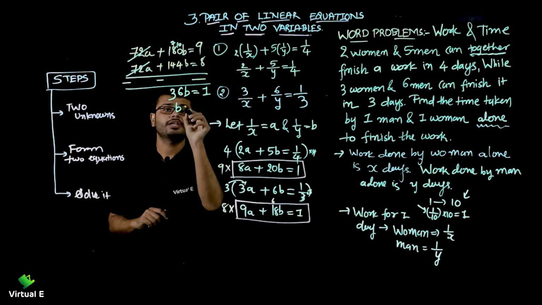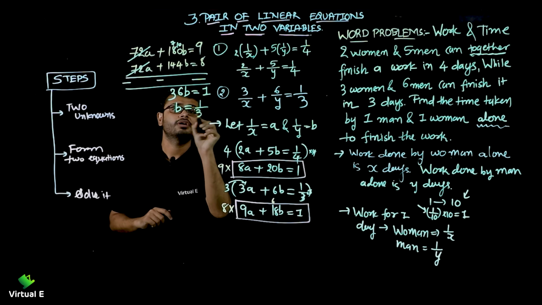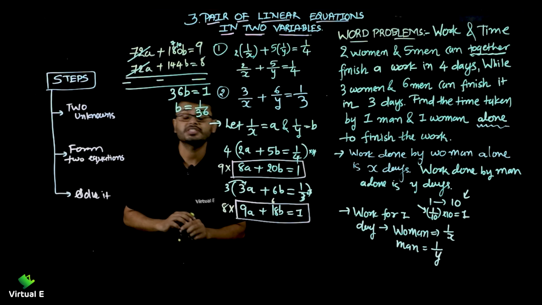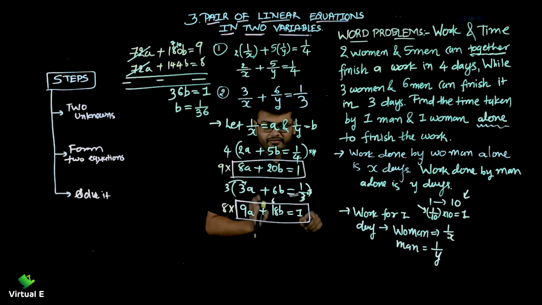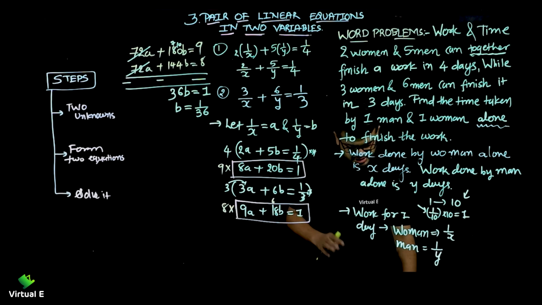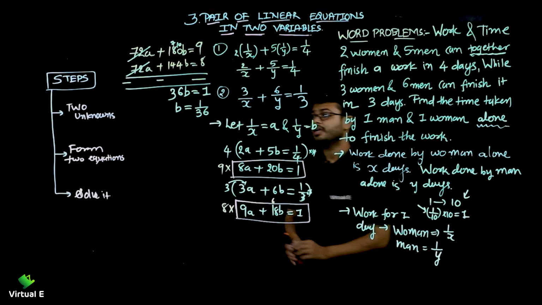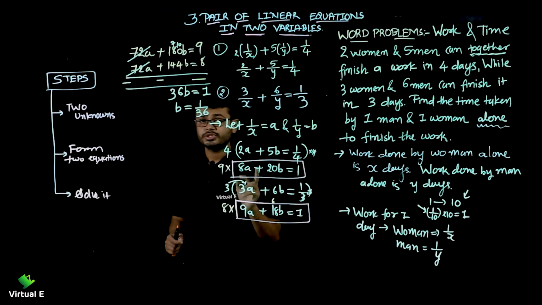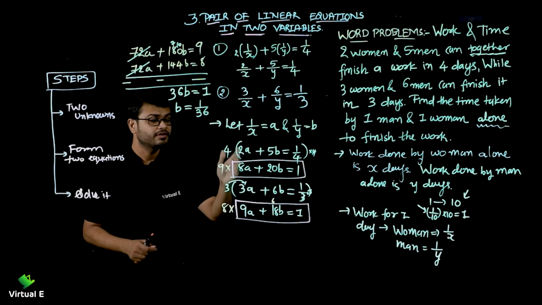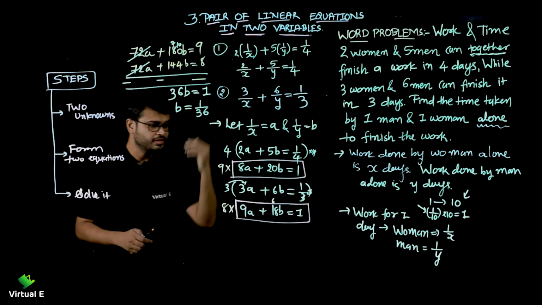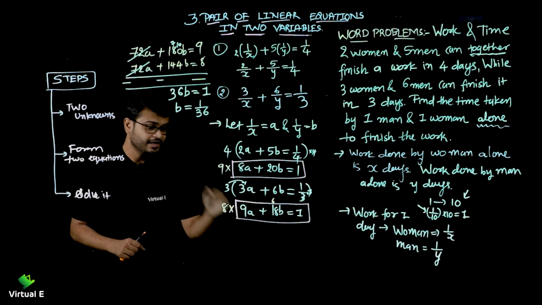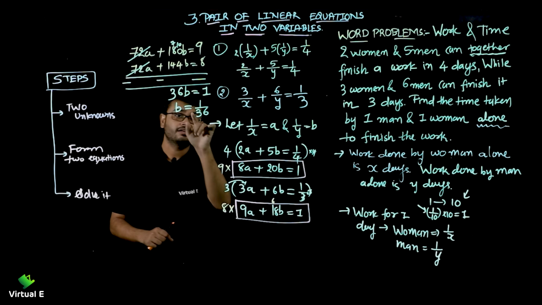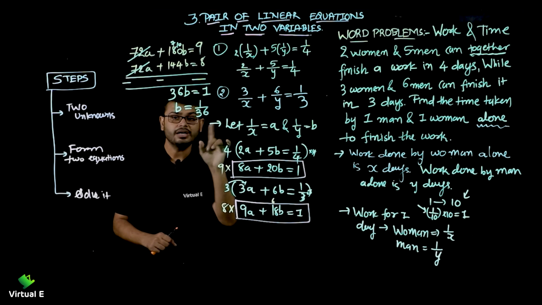So what is the value of b? 1 over 36. This is my value of b. Now I need to get the value of a. You can substitute this in any of these equations and we can get the value of a. If I substitute in the second equation, this is a really good cancelling idea: 18 and 36, 18 2s are 36.